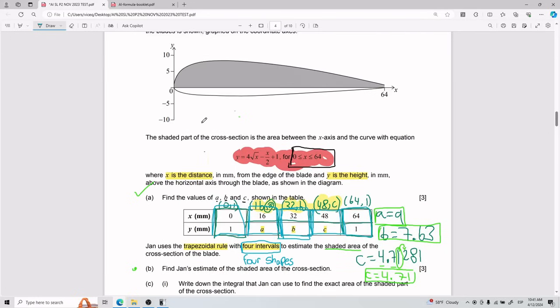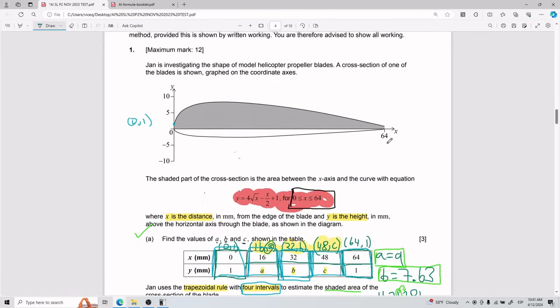If you put that in your graph, you're going to end up with 16, 9, which eyeballing it would be around here. So around here, we're going to call it 16, 9.